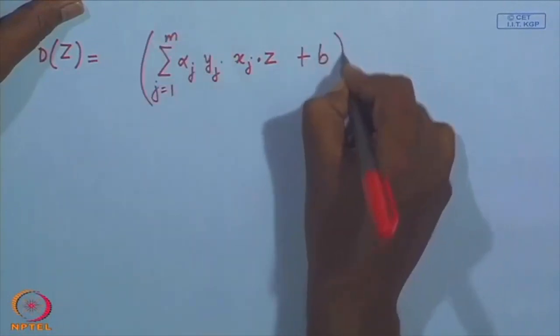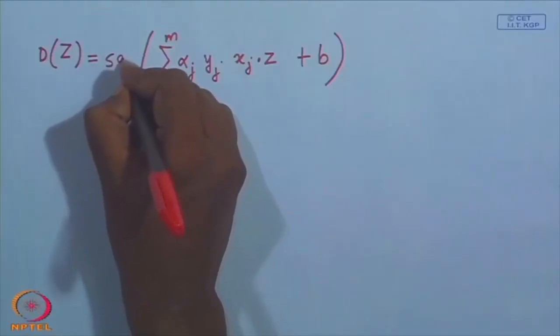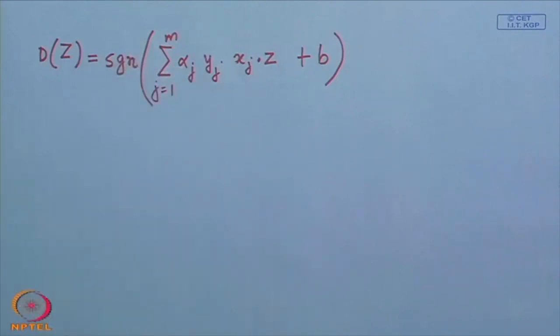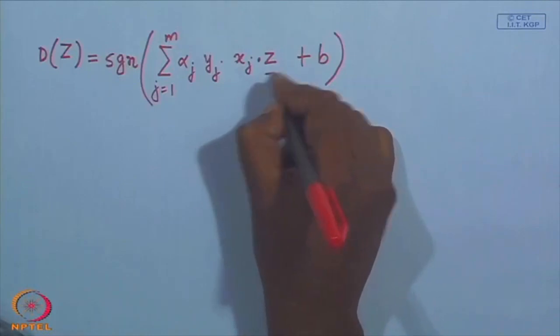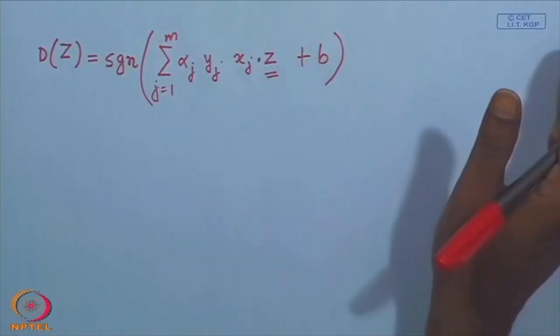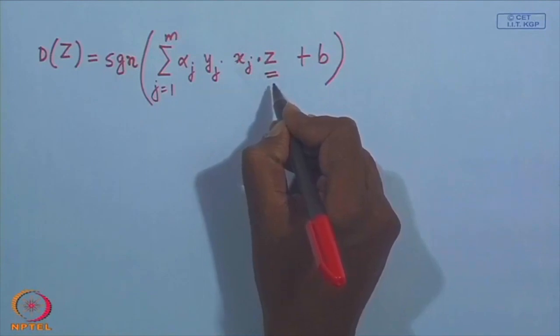Only the sign of this is important for classification. I don't need the value of this function, I simply need its sign. If the sign is positive, then z is classified to class C1. If the sign is negative, then z is classified to class C2.